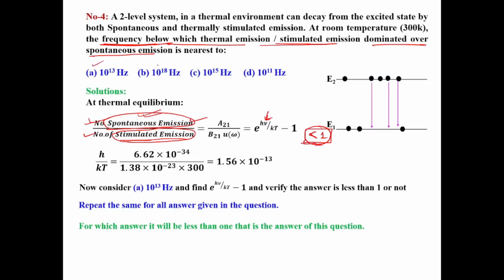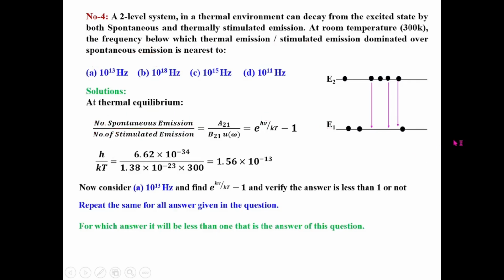So here in the answer, 4 frequencies are given, right? First we are going to consider 10 to the power 13 hertz, and we are going to calculate what the ratio will be. If less than 1, then it will be acceptable. So here, e to the power h mu by kT: we found 1.56 times 10 to the power minus 13, multiplied with mu equal to 10 to the power 13.